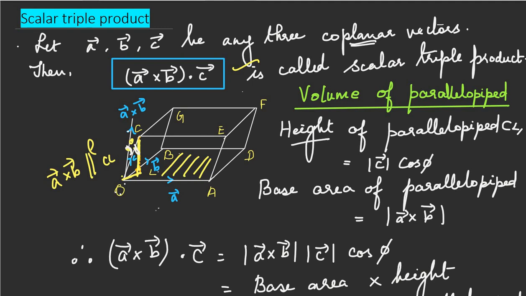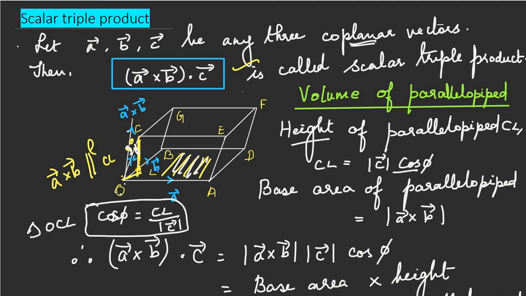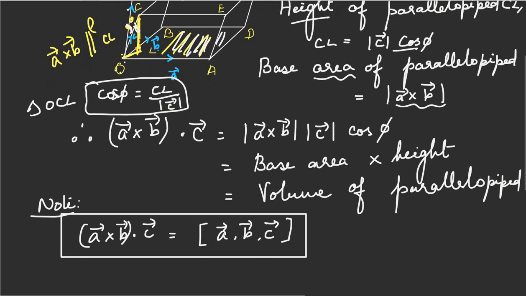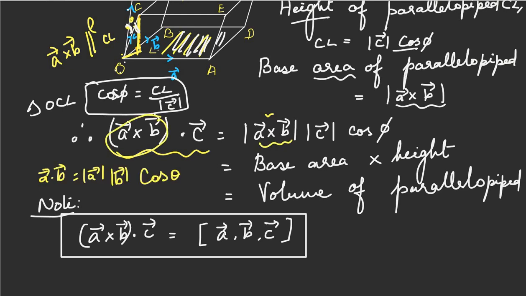Then the height of the parallelepiped, from the triangle OCL, cos of phi will be equal to the height over modulus of C. The base area is in the form of a parallelogram, therefore the area of the parallelogram is given by modulus of A cross B. Therefore our aim is to find A cross B dot C. A cross B dot C is given by the modulus of A cross B, modulus of C, into cos of the angle between both the vectors.